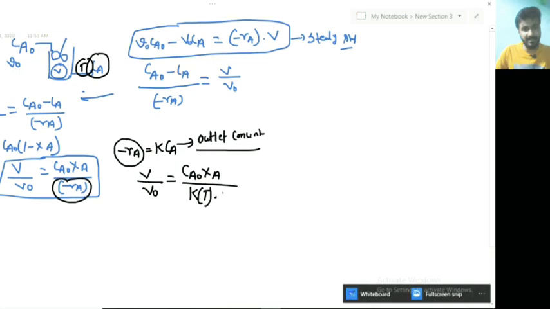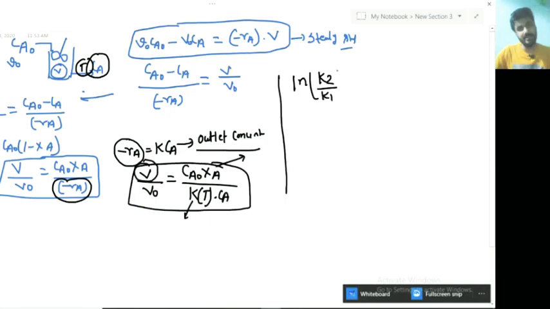Already I have discussed how you calculate. So ln of K2 upon K1 equals EA upon R into 1 upon Ti minus 1 upon T, where Ti is the inlet temperature and T is the outlet temperature.